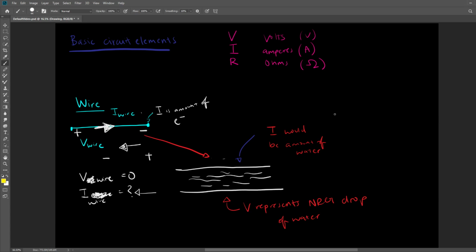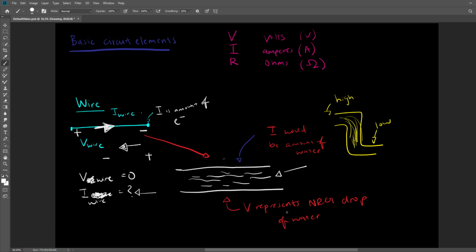If the river looked more like a waterfall, then there's an energy drop. This has high energy, that would have low. But this is a wire and has nothing in it, so it would look more like this. And that's what I like to think about. So when they say V wire is equal to 0, they're really saying there's no energy drop, or no potential drop.